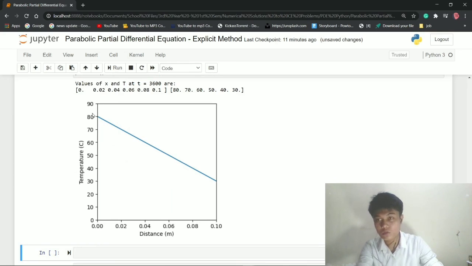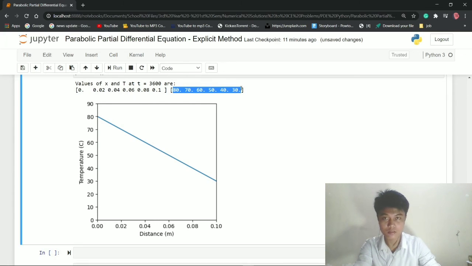So, kung titingnan natin dito yung ating graph, it approaches these values, itong temperatures na ito. From 0, magsimula tayo sa initial temperature na 0, nag-increase siya hanggang ma-find niya itong straight line na ito, in which from 80 to 30, it approaches these values, 80, 70, 60, 50, 40, and 30.